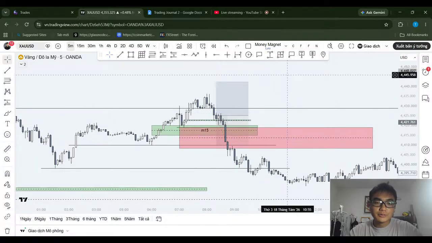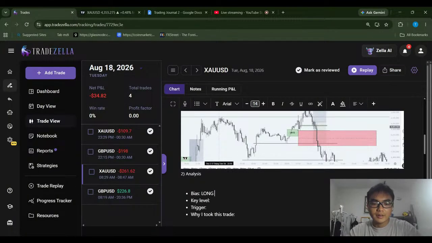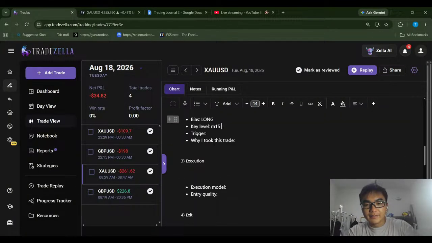Based on the market structure, I respect the price reaching the key level on the 15 minute time frame.